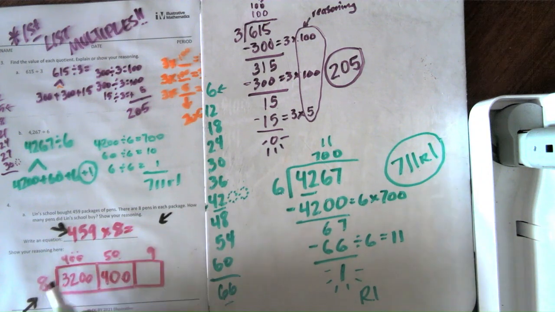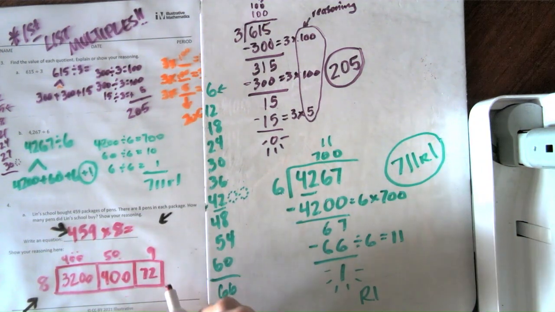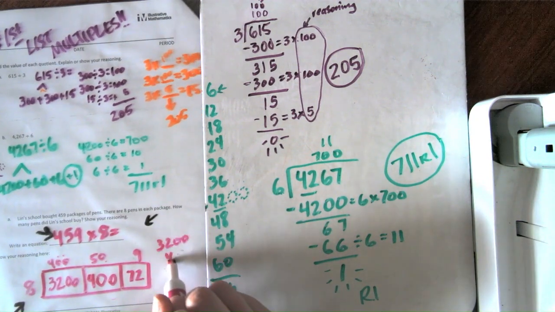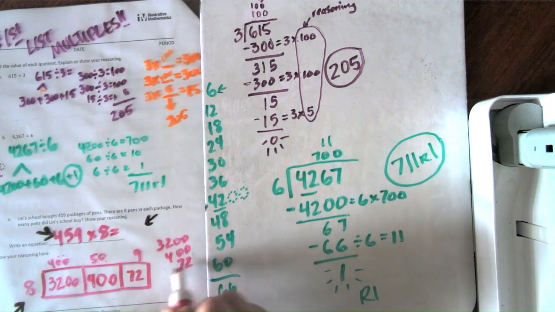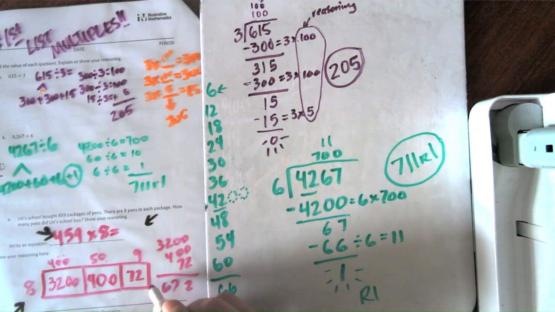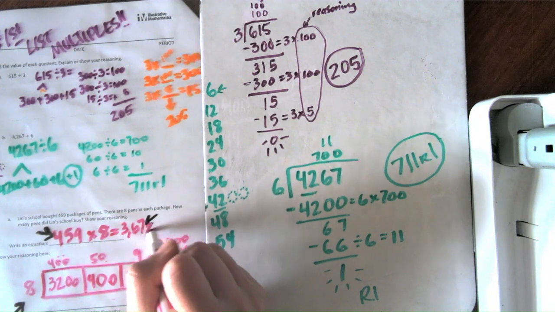This is when it's really tricky, when you have a 40 and a 0 already. And then 8 times 9 is 72. I'm going to put these over here, being very careful with my alignment. And I have a 2, a 7, whoopsie, a 7, a 6, and a 3. So my answer is 3,672.